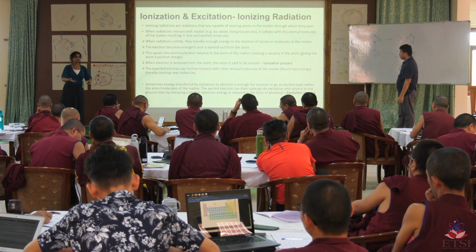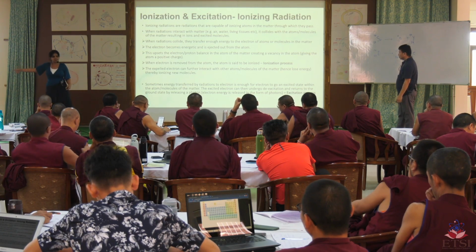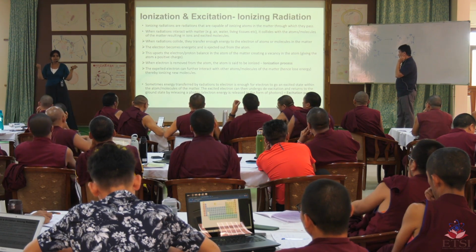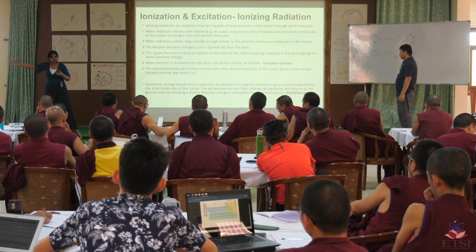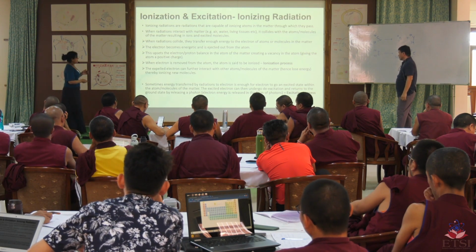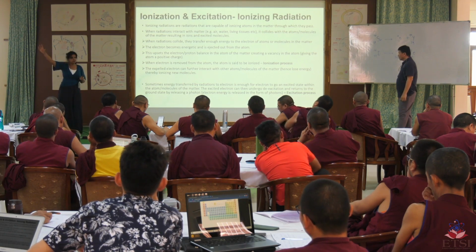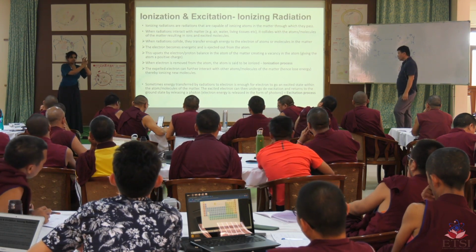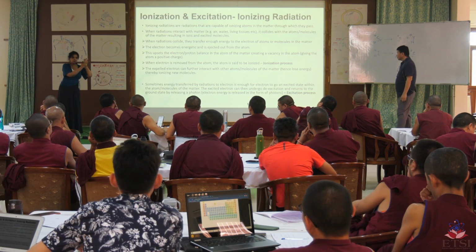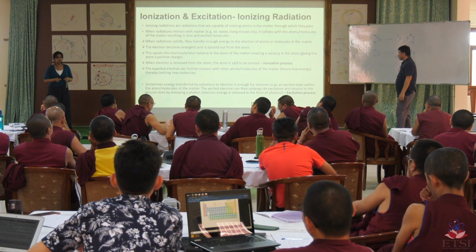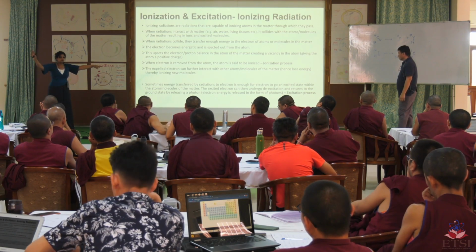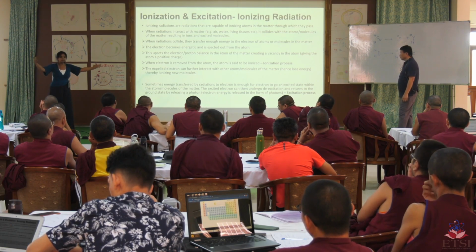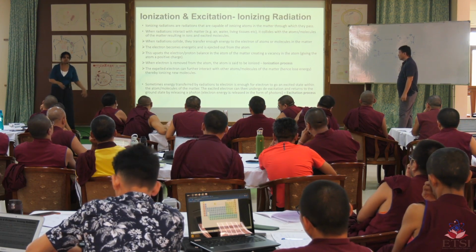What happens when you get energetic? It gets so much energy that an electron gets kicked out from the atom, so the atom has a vacancy, one electron less. So a positive ion is created. So an electron and a positive ion are created, the atom is ionized. This is called ionization.